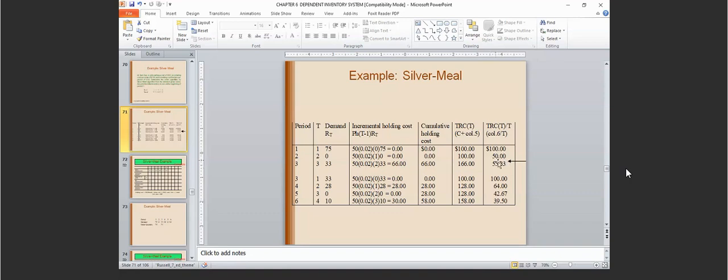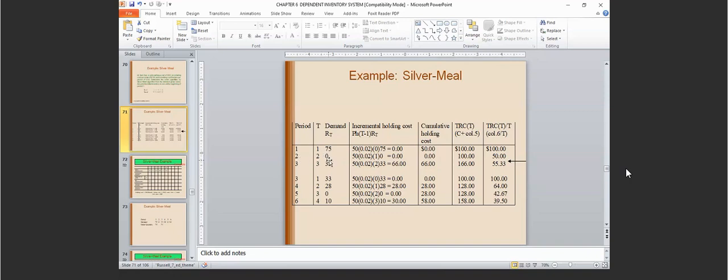So this also signals to us that if we include more periods in our analysis, the total relevant average cost will increase. So we stop including more periods at period 3. Based on this analysis, 50 ringgit is the lowest average total relevant cost.